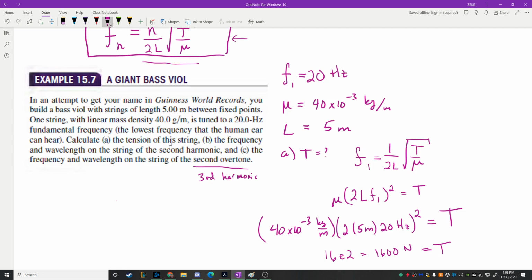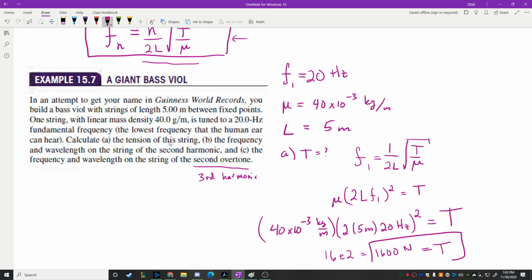I did something wrong. I don't know what I did. Wait. Oh. Wait, y'all got something similar. Let me try it again. 2 times 5 times 20. 2 times 40 e minus 3. Oh, it is 1,600. Okay. Yeah. Cool. All right, so that's our tension.